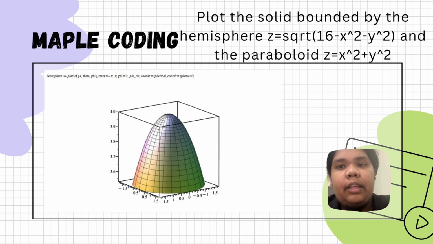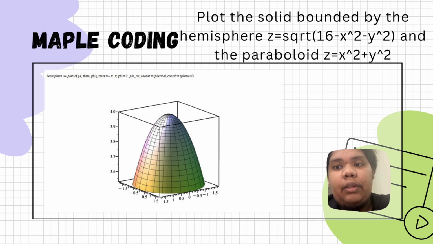After that, I find the hemisphere, using the command plot 3D, and we enter the plot, theta, phi, where the limit for theta is negative pi to pi. The limit of phi is 0 to phi int, and coords is equal to spherical.